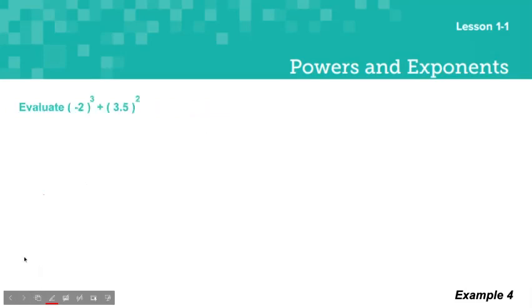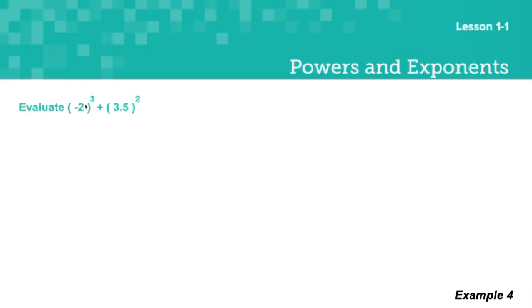The next question is about evaluate. This is what we talked about in the first lesson. Evaluate means we get the result of an expression. First thing, we have here negative 3 exponent 3 plus 3.5 exponent 2.